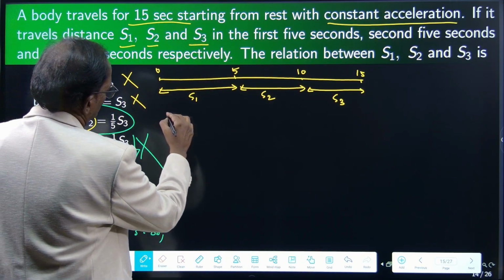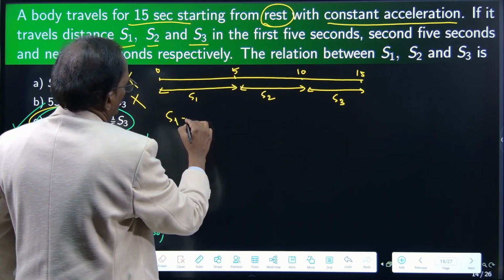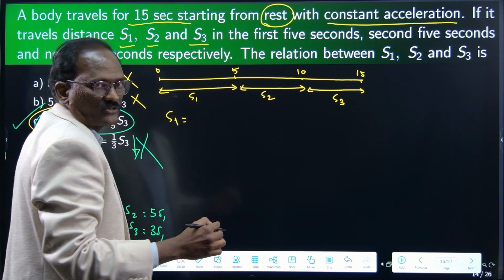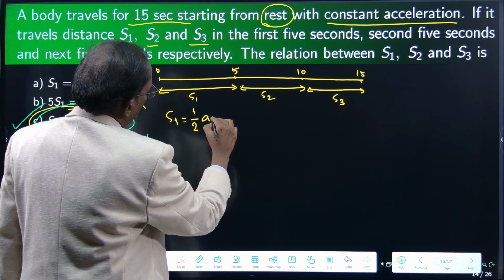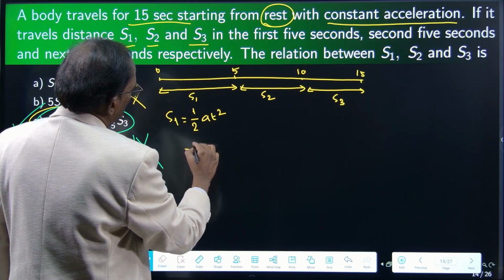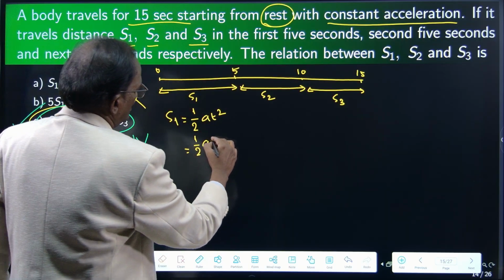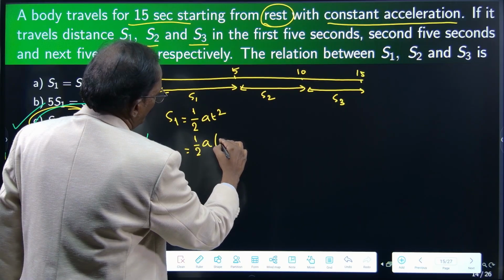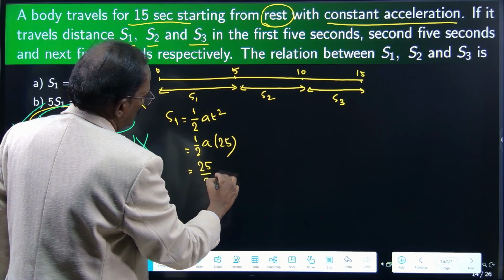S1 is equal to, starting from rest, so u is equal to 0, ut plus half at square. Since u is equal to 0, let us write half at square. So S1 is equal to half a, what is t? 5. So 5 square is 25. This is 25 by 2a.